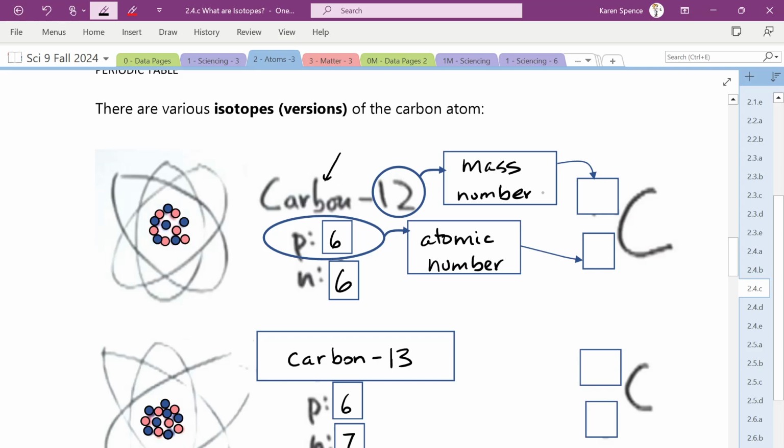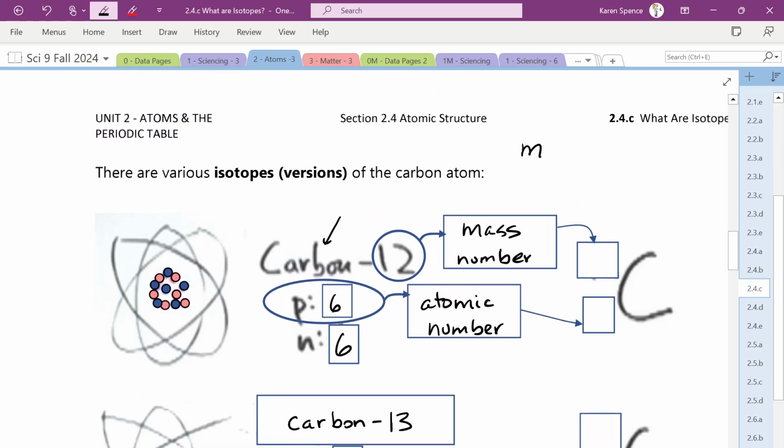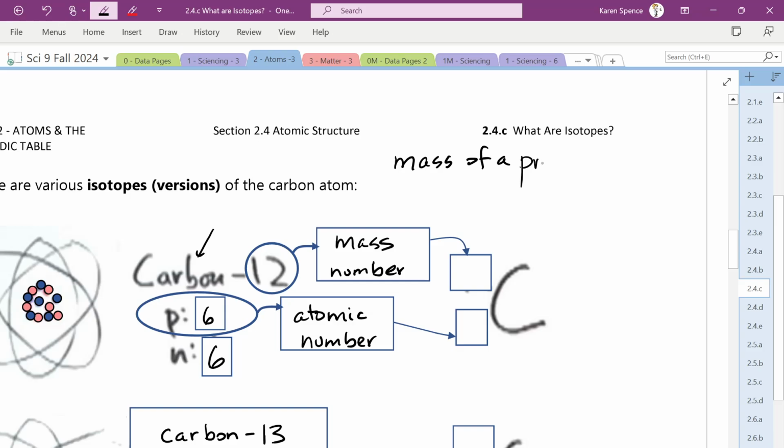Do you remember the mass of a proton? One something. AMU. What does AMU stand for? Yes, atomic mass unit. What's the mass of a neutron then?